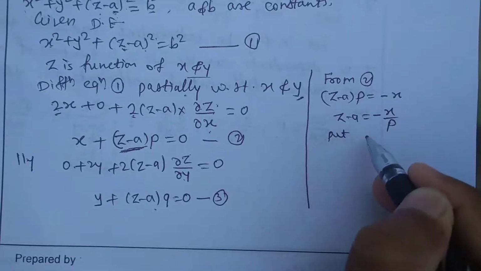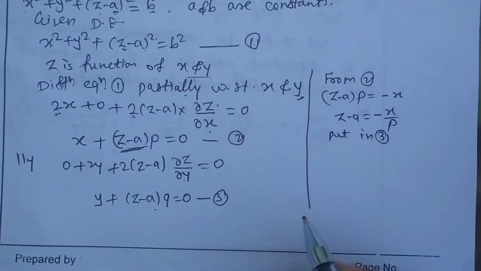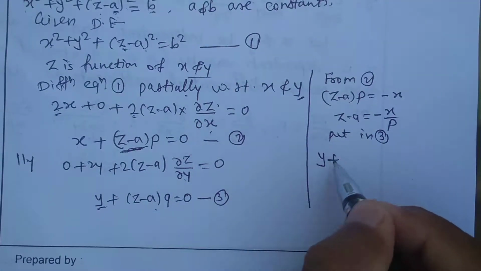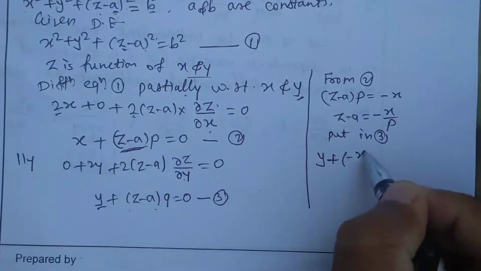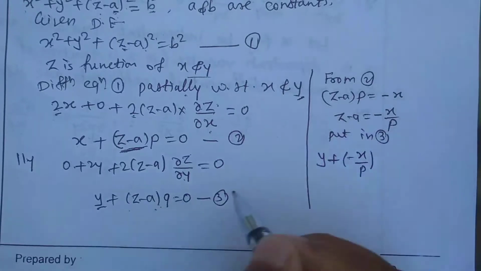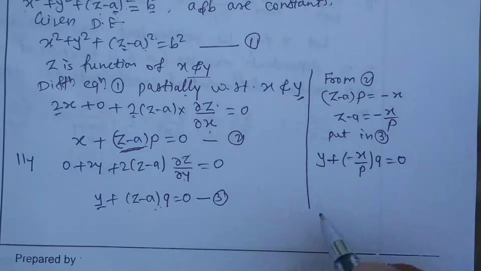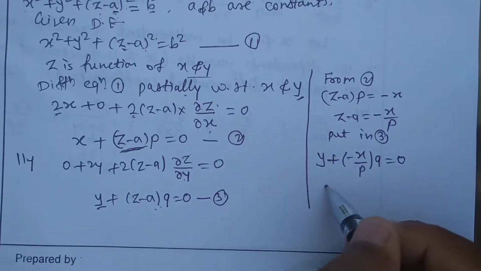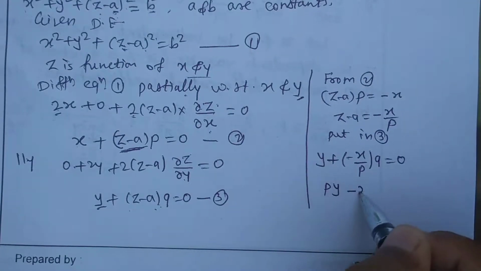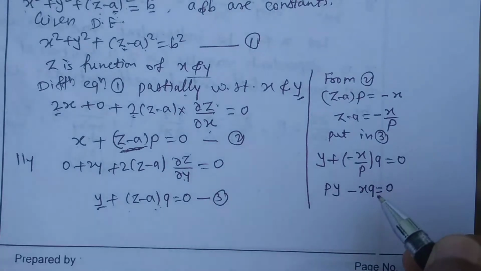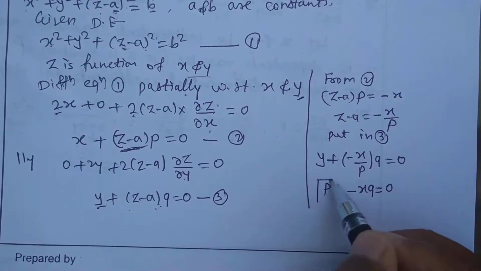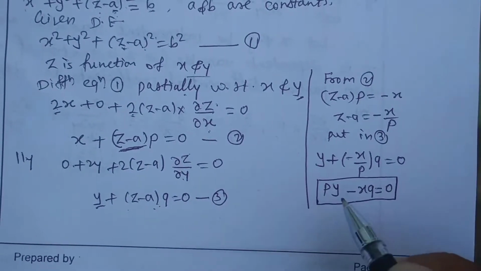This value we have to put in equation 3. Equation 3 becomes y plus (minus x upon p) into q is equal to 0. Multiply by p. So we will get py minus qx is equal to 0, which is the required partial differential equation.